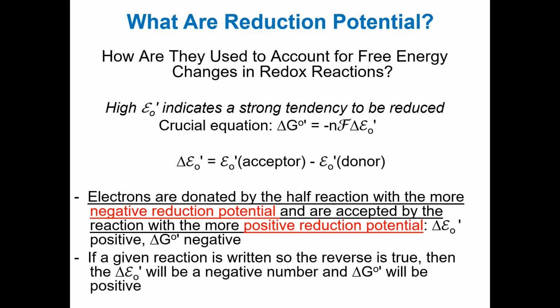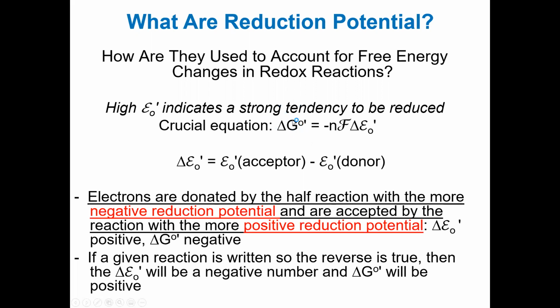When we are talking about standard reduction potential, electrons are typically donated by the half reaction with the more negative reduction potential, and are accepted by the reaction with the more positive reduction potential. So remember, we are only talking about reduction potentials, and that has really straightened out confusions that used to exist in the literature and among scientists and students.